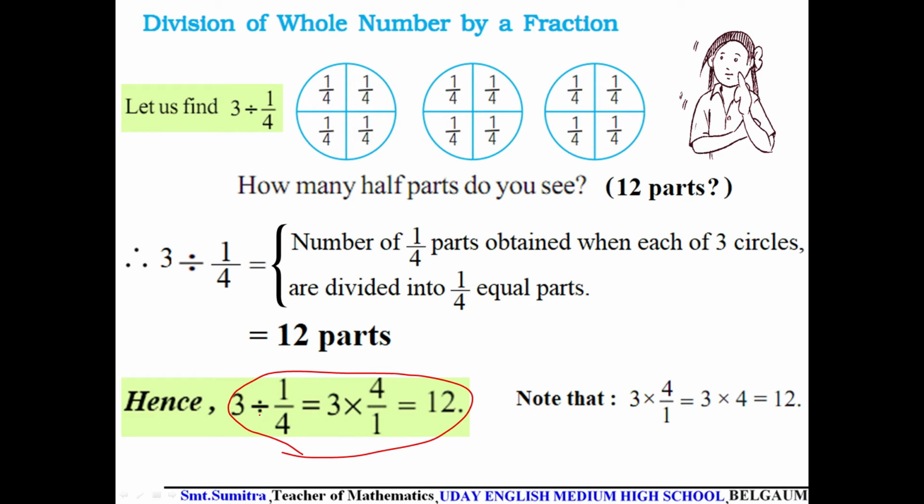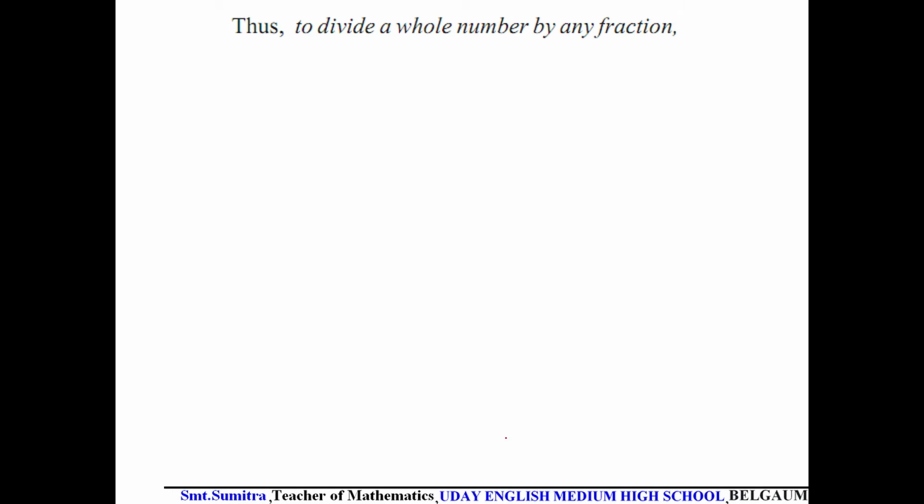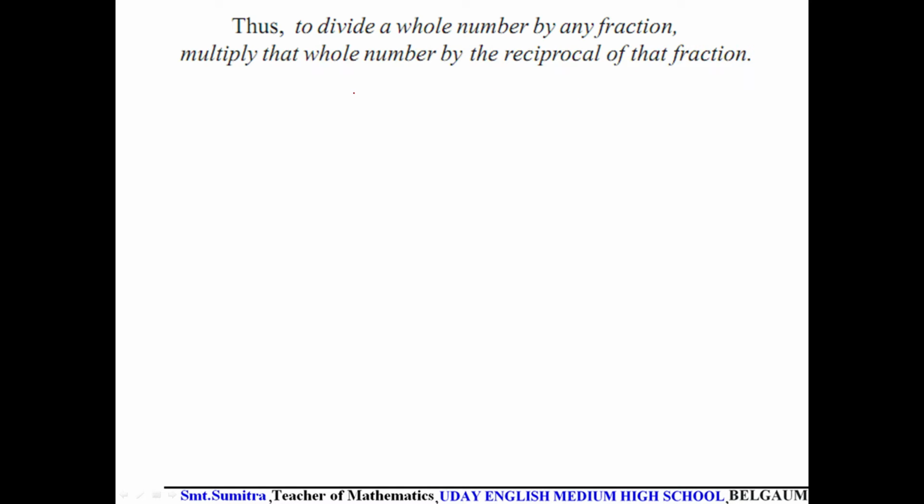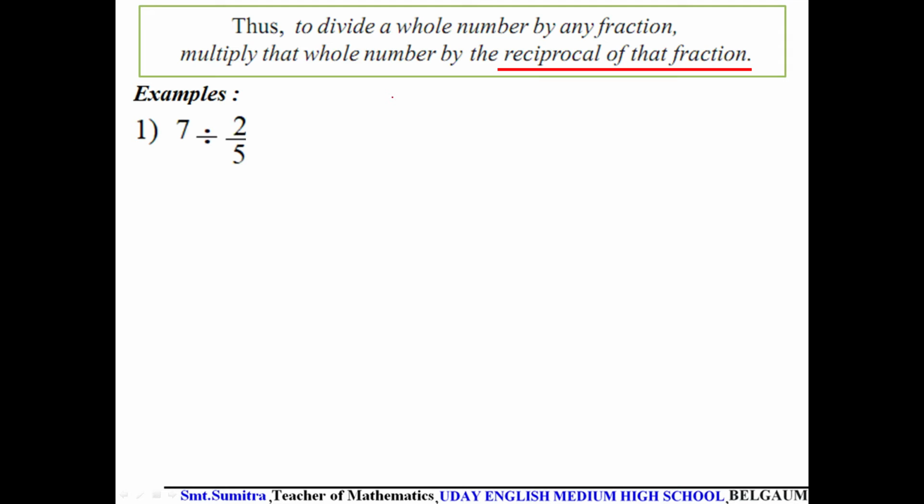Converting division into multiplication. I'll give more examples now. To divide a whole number by any fraction, please note that you multiply that whole number by the reciprocal of that fraction. Please observe this. Example: 7 divided by 2 by 5.